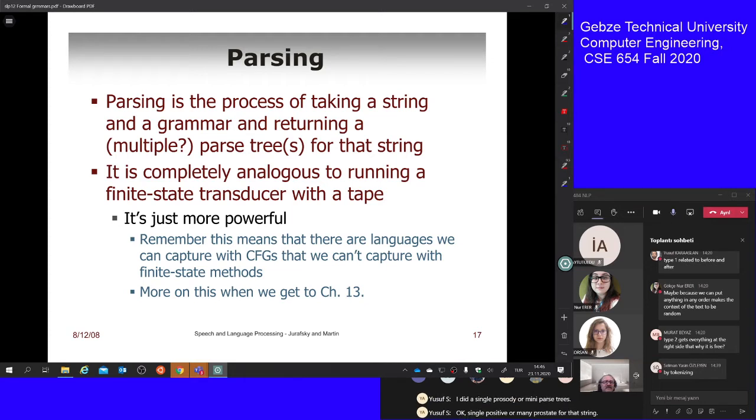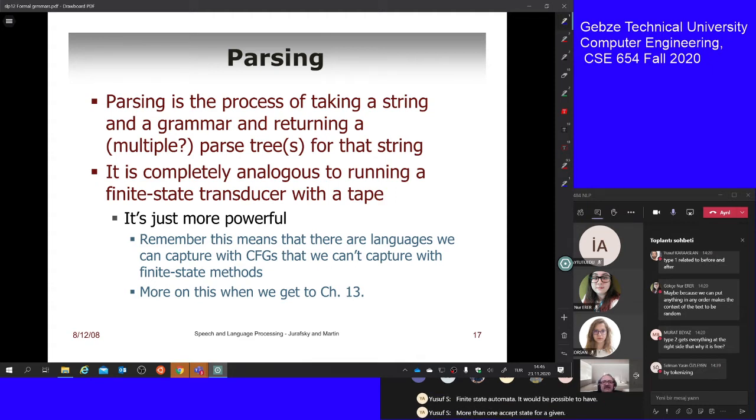It is very similar to running a finite state transducer with a tape. Remember with the non-deterministic finite state automata, it would be possible to have more than one accept state for a given string.